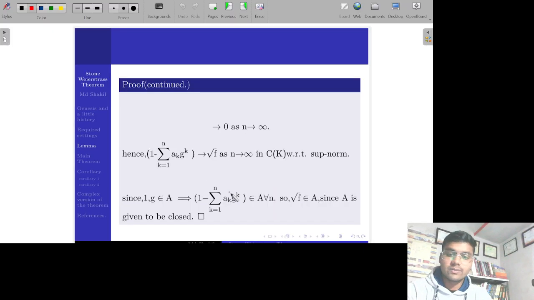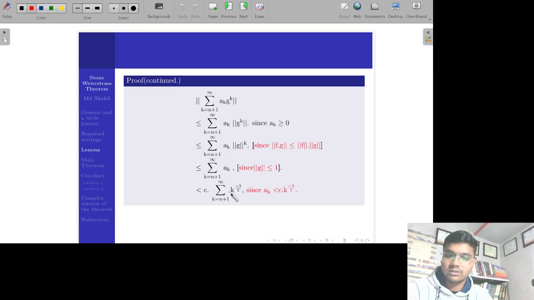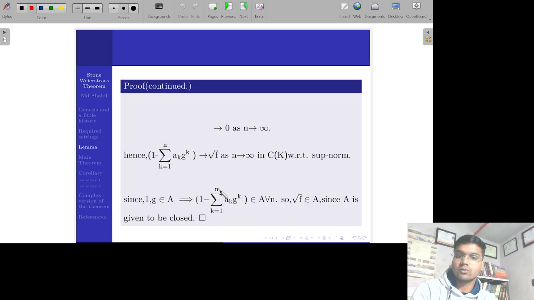So the remainder term will go to 0. This is nothing but the remainder term, k varying from n plus 1 to infinity, of that p-series. So it will go to 0 as n tends to infinity. That's the crux.